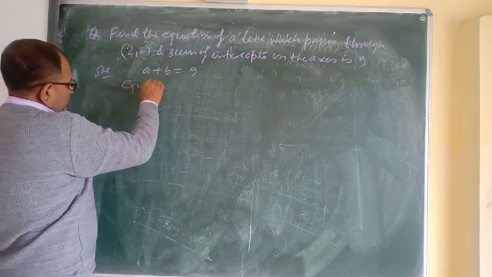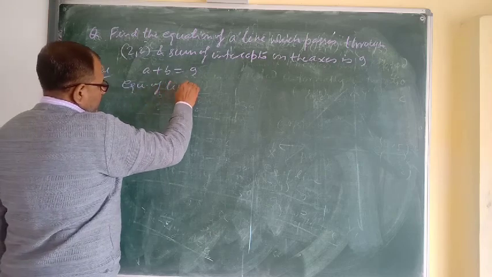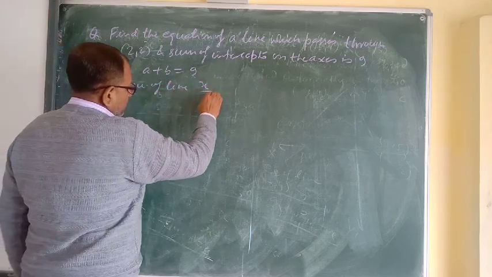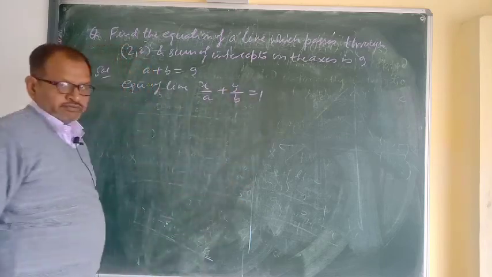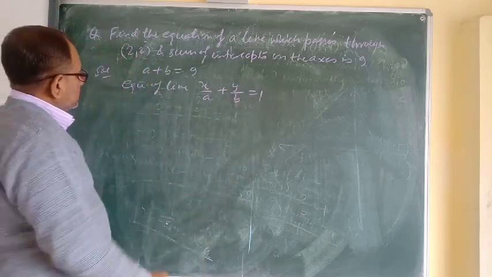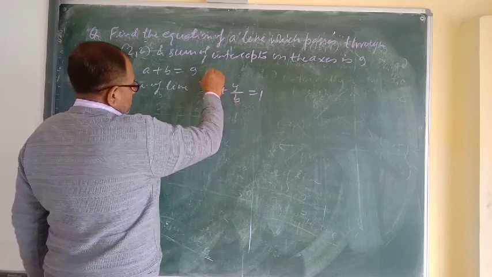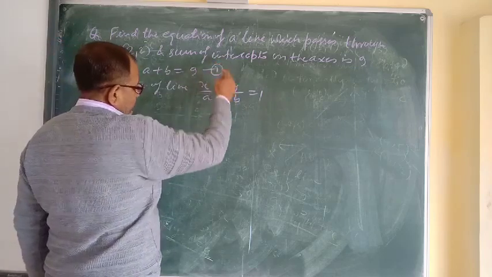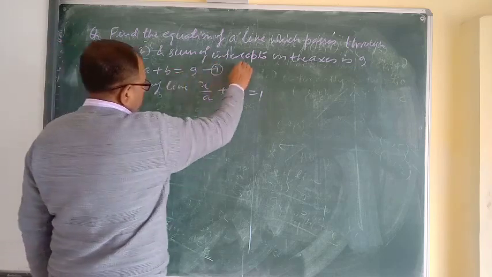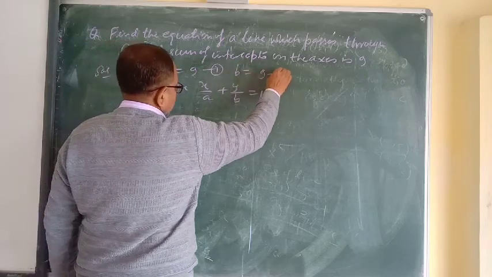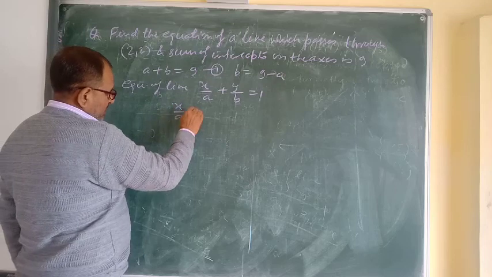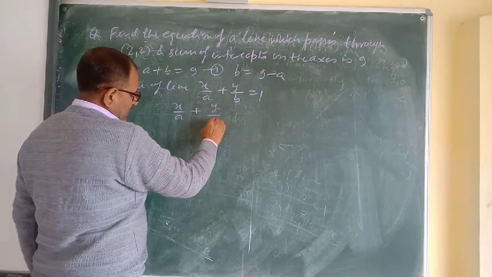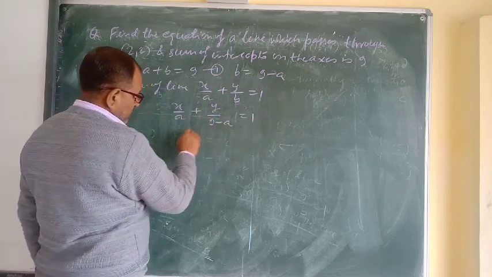Equation of line, we can take in the intercept form, x upon a plus y upon b is equal to 1. From the first equation we can put b is equal to 9 minus a. So write here x upon a plus y upon (9 minus a) is equal to 1.